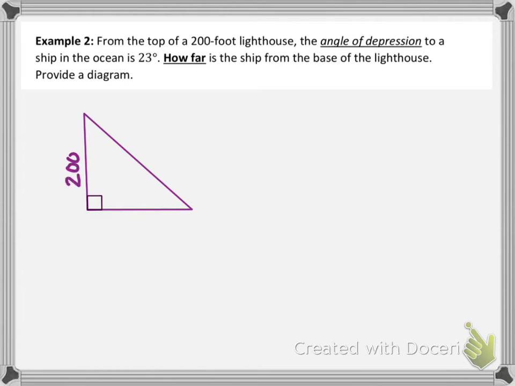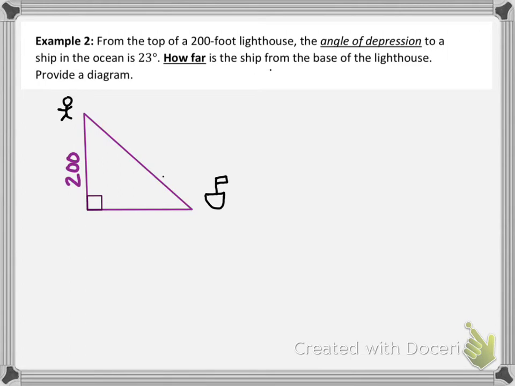And from the top of this lighthouse, right, so you spot a boat. Okay, so I'm going to pretend we're over here at the top of the lighthouse and we spot a boat. Okay, and here's the boat. Way over here, a very poorly drawn boat.